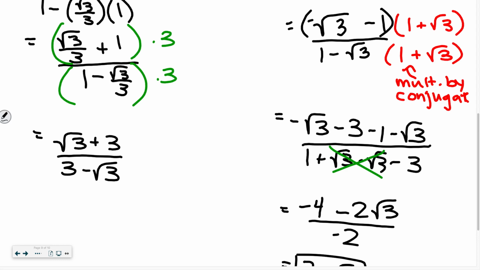I have 3s, where up here I have 1s. But if I now choose the conjugate and do all the FOILing, I'll get 2 plus square root 3 as well. So that's a way to kind of dig yourself out of that hole. If you get yourself in a hole, just multiply by the denominator. It'll cancel it out. But you have to multiply the 1 by the 3 too.